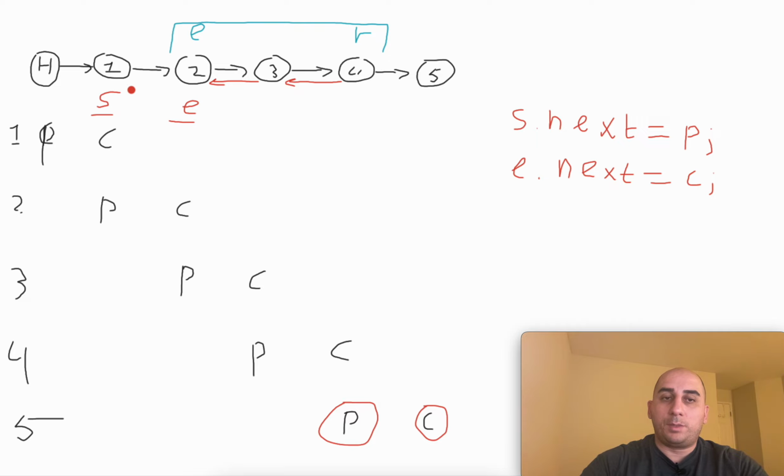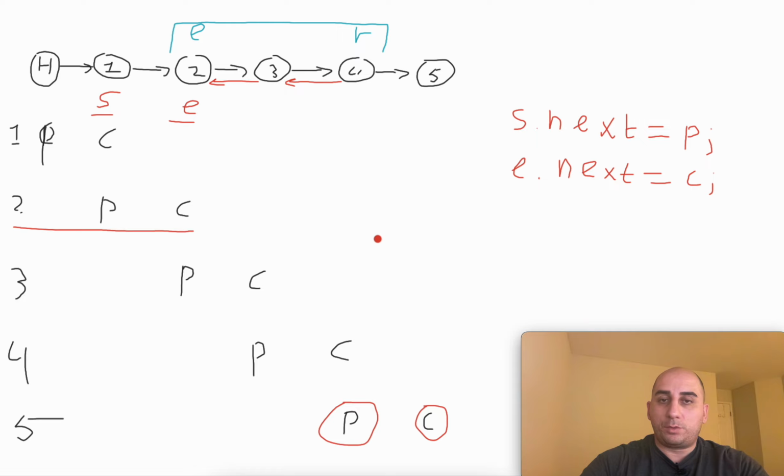So start becomes our previous, and the end becomes our current. So we go over the list and find our right. Once we find our right, we stop there, and the start element will point to the previous one.